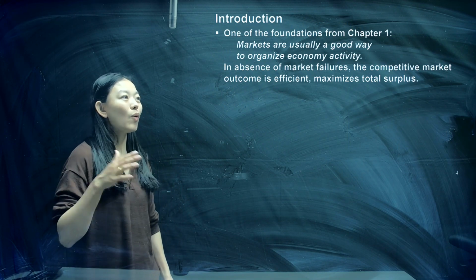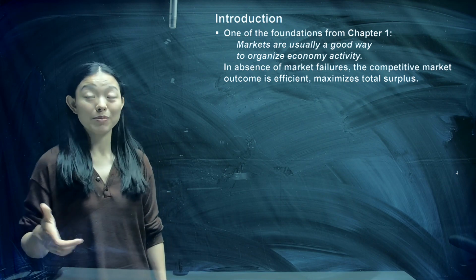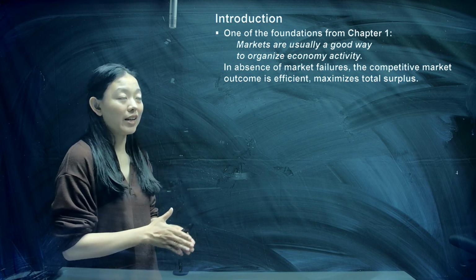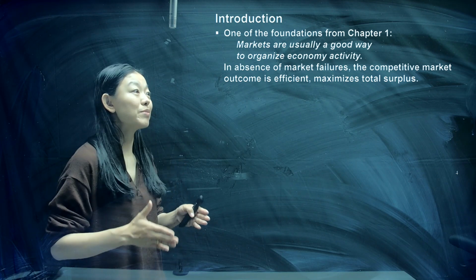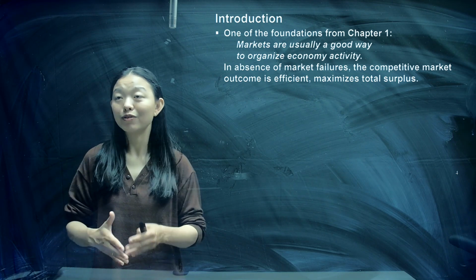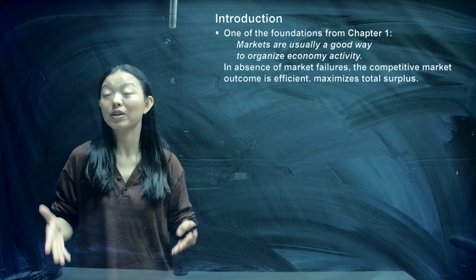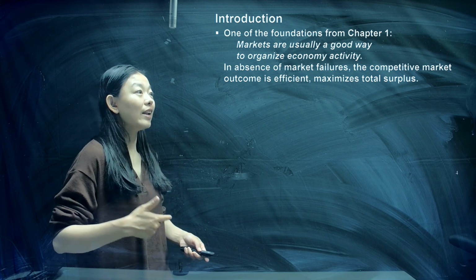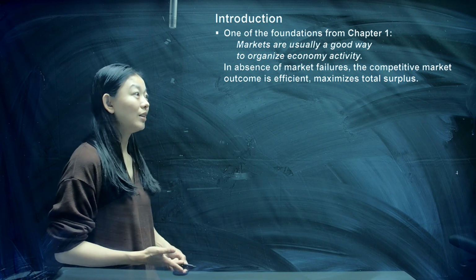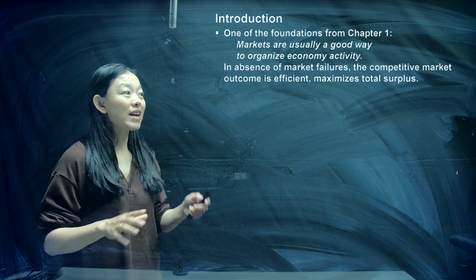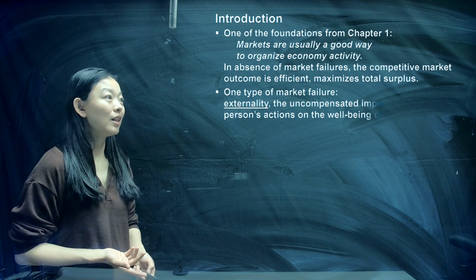Now, one of the foundations that we learned in chapter 1 is that markets are usually a good way to allocate resources and to optimize economic activity, if we assume the market is perfectly competitive. And in the absence of market failure, the competitive market outcome is efficient and maximizes the total surplus.